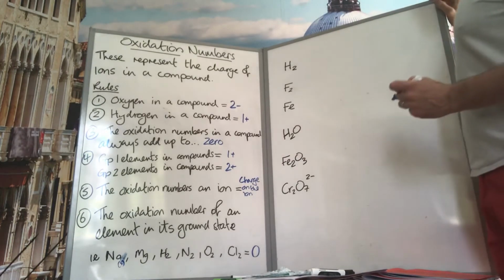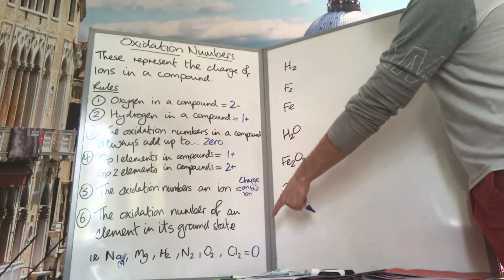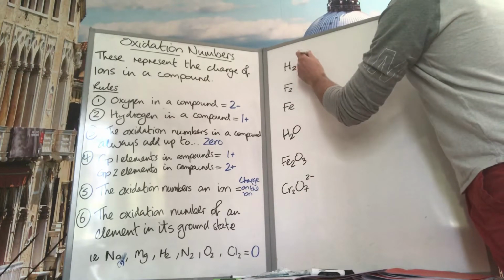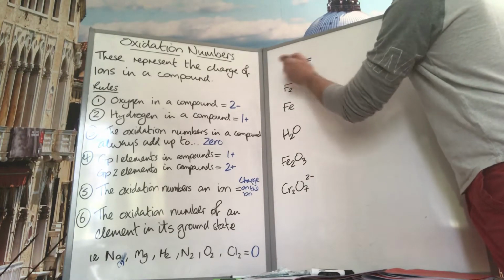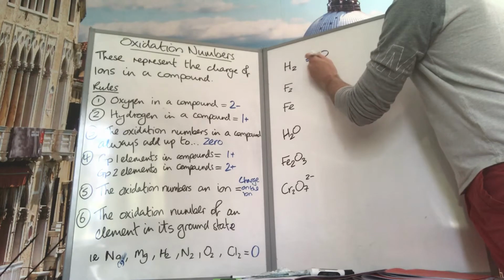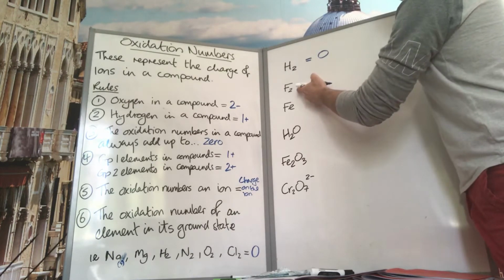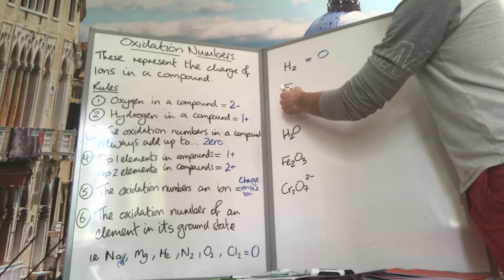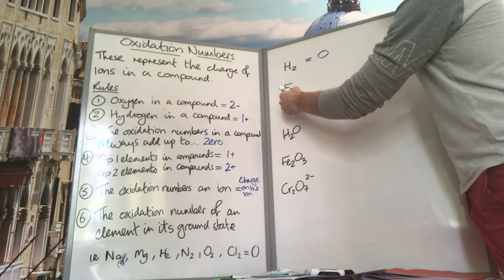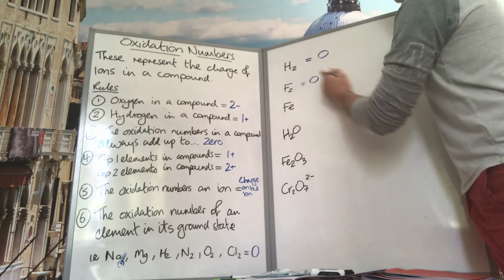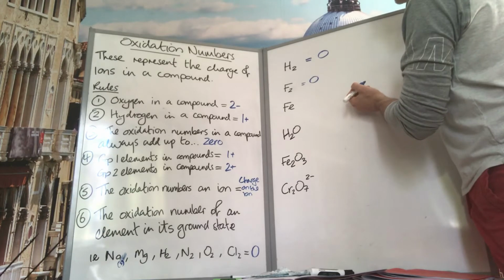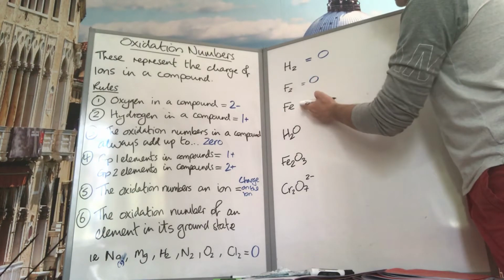Okay, so the oxidation number for an element in its ground state is going to be 0. So here, element in its ground state, its oxidation number for hydrogen is going to be 0. Fluorine, exactly the same applies, rule number 6, equals 0. It's an element in its ground state, just bonded to itself.